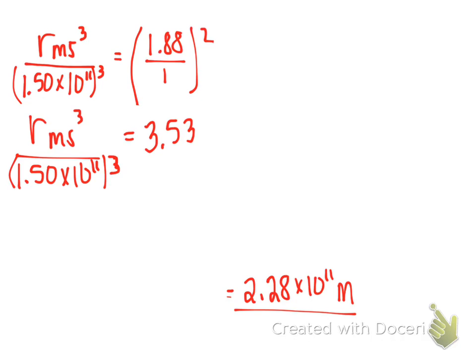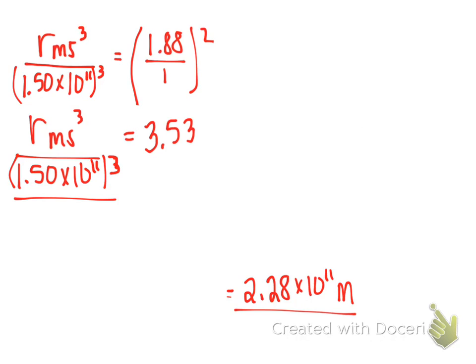Now since we've got this three value system right here, our variable is on top that we want to solve for, so we're going to multiply these two numbers together. I'm going to start by cubing that term. So in my calculator I'm going to punch 1.50 times 10 to the 11th, and I get 1.5 times 10 to the 11th, and I'm going to cube that value.